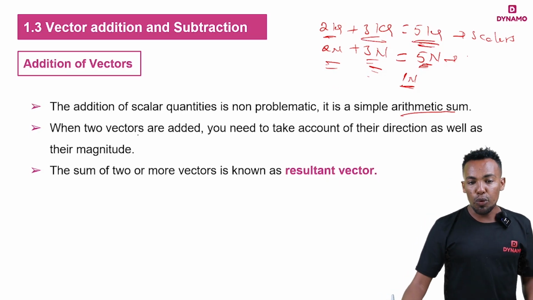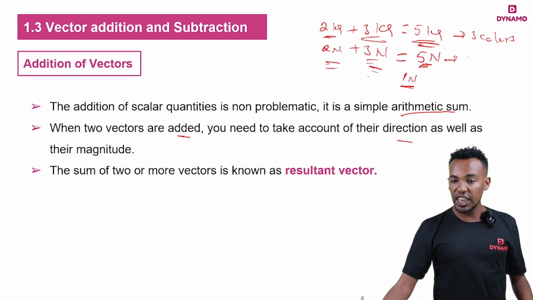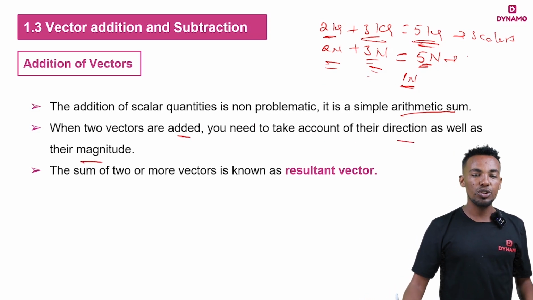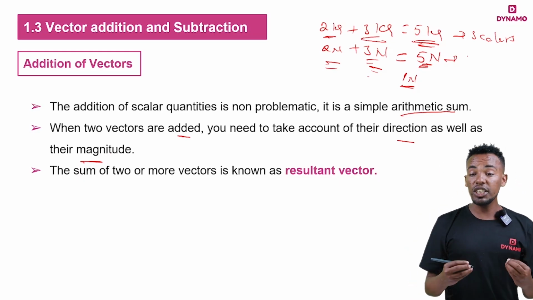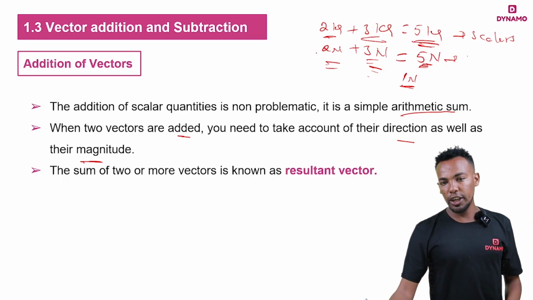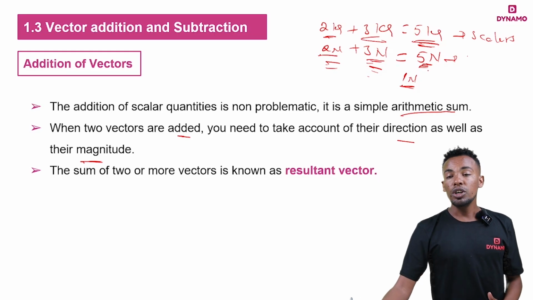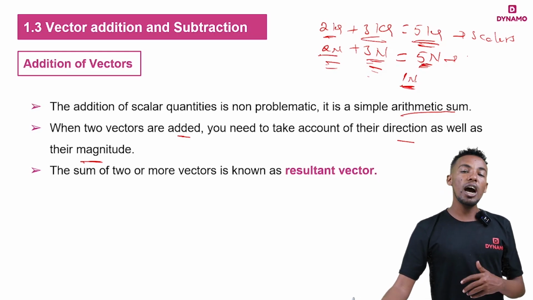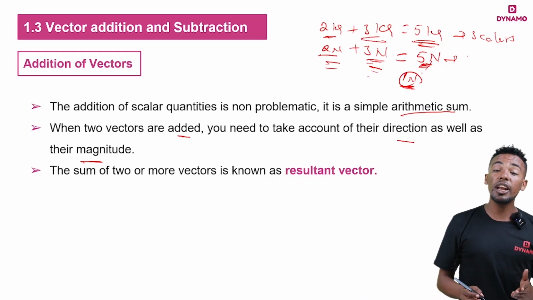But when two vectors are added, you need to take account of their direction as well as their magnitude. For the 2 Newton force and 3 Newton force, when added together the result can be 5, 1, or a number between 1 and 5.